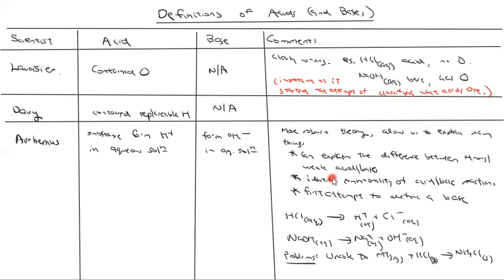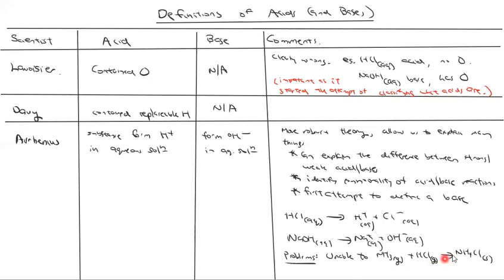Because the definition relies on forming H+ ions in solution and OH- ions in solution, but these are gases, so there are no ions. You never got a chance to ionize. HCl is also in gas form, and when we've got gases, it's molecular, and there are no ions.